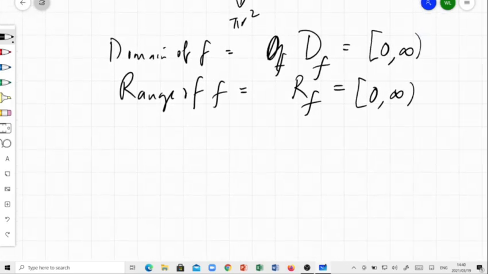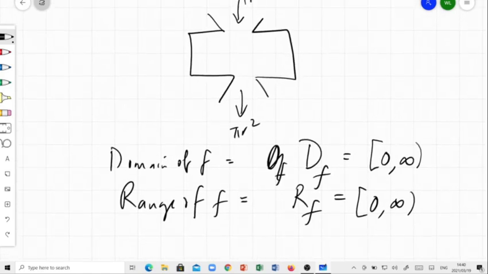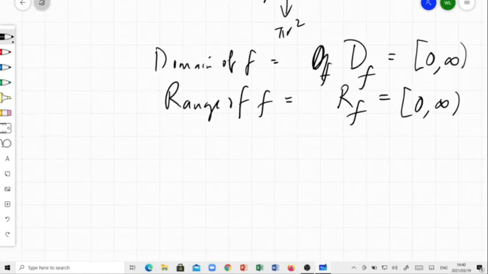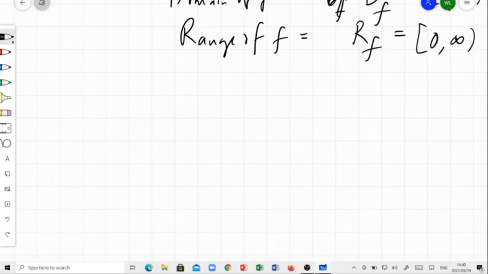Okay. So what we can view here is that we can view the input as what is called a pre-image, or a pre-operation, something that r was before it got operated upon.